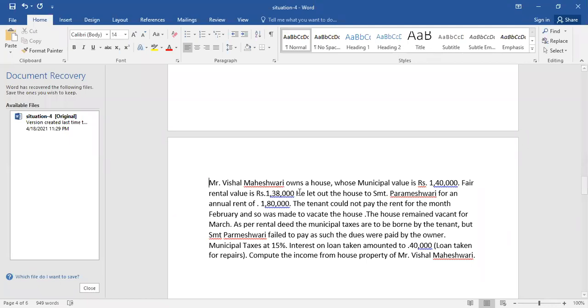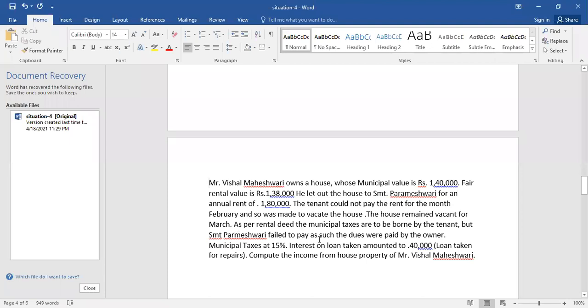Okay, the tenant could not pay the rent for the month of February, and so he was made to vacate the house. That means there is unrealized rent. Am I right, Ojas and Karan? Yes, sir. Yeah, and the house remained vacant for March. So that means there is also vacancy here. So there is unrealized rent and there is vacancy, two are there in a single sum.